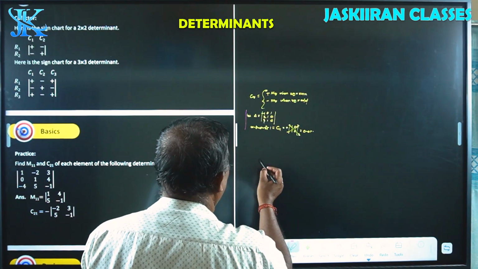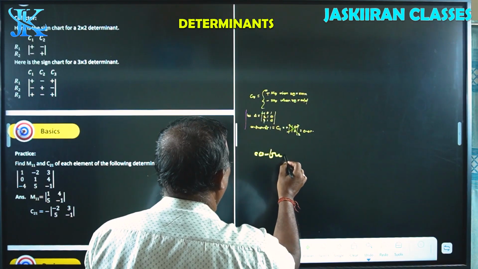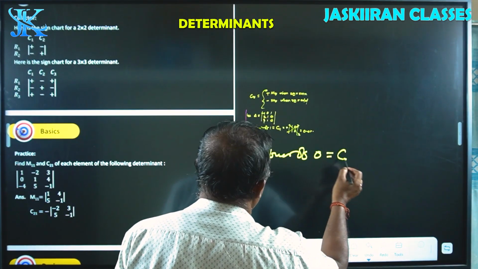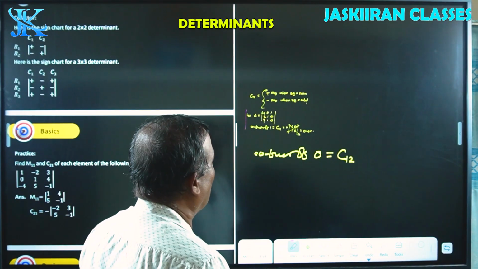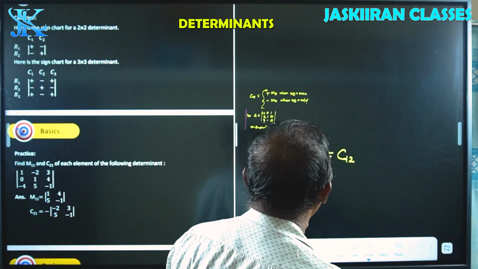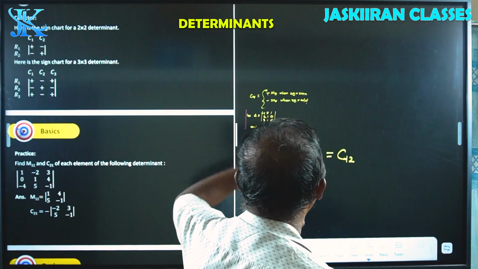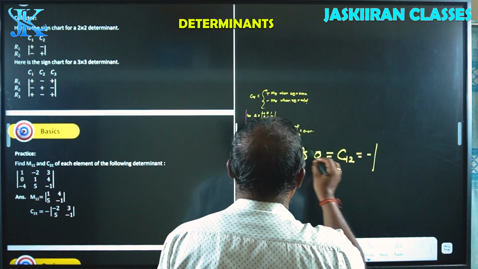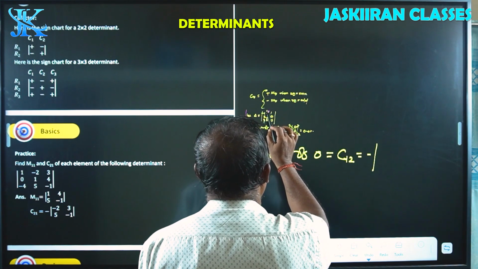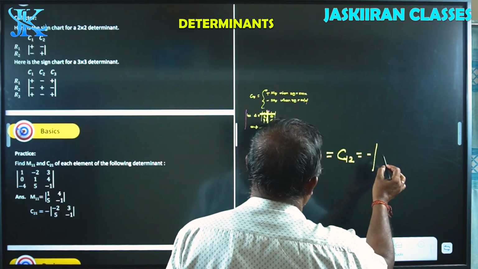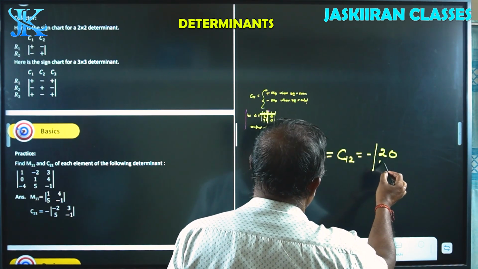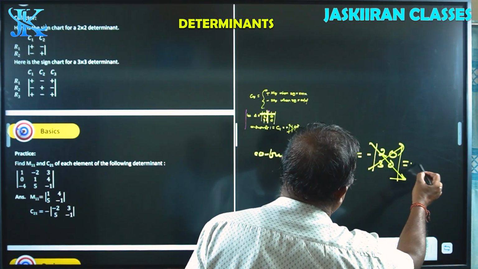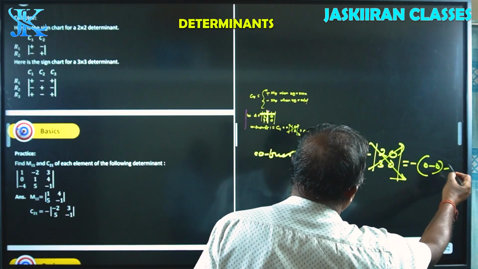Similarly, to find the cofactor of 0, that is C12. Now adding 1 plus 2 equal to 3. When odd, then taking the minor is minus. Also minus. Then omitting the i-th row and j-th column, then that is principal diagonal minus secondary diagonal: 0 minus 0 equal to 0.